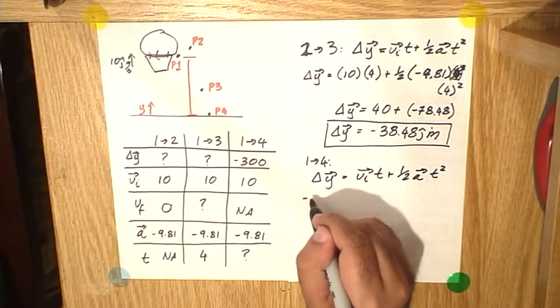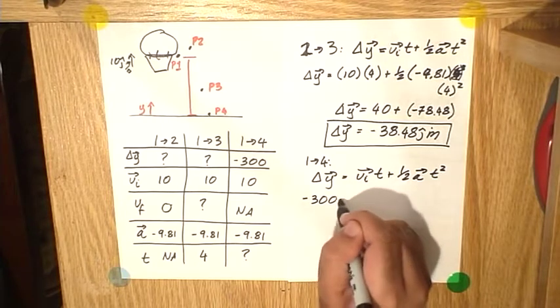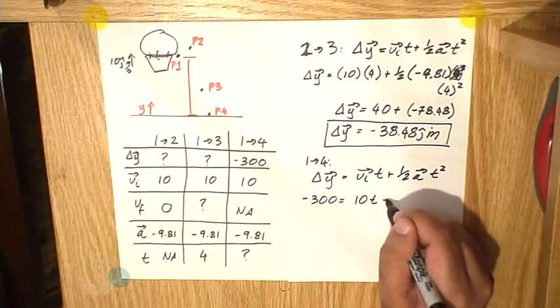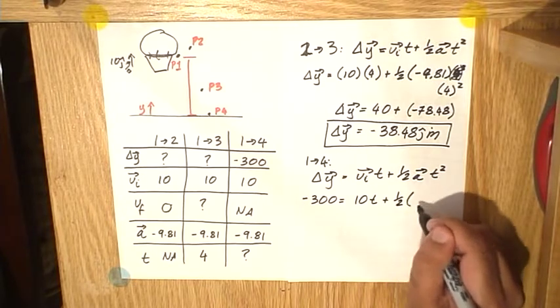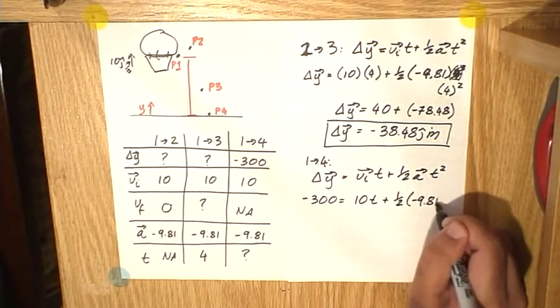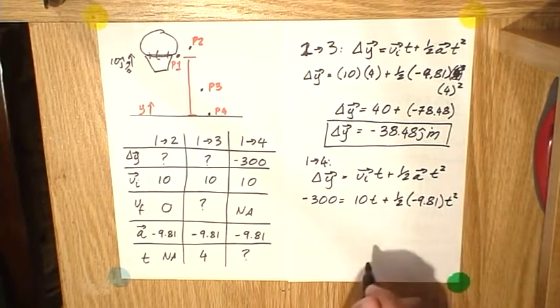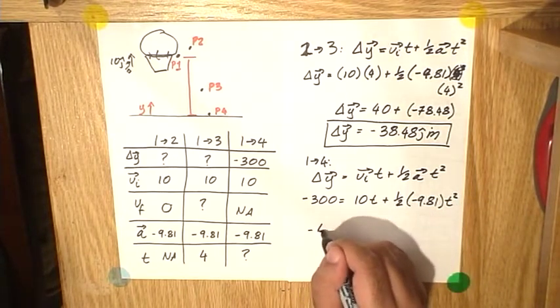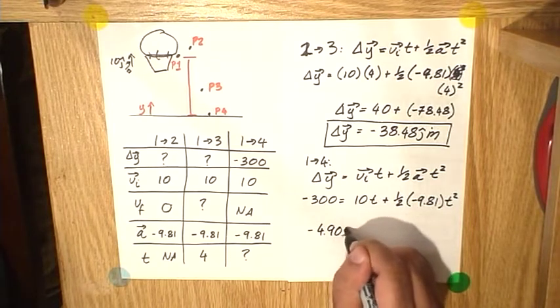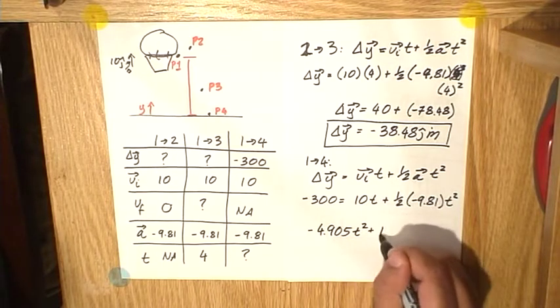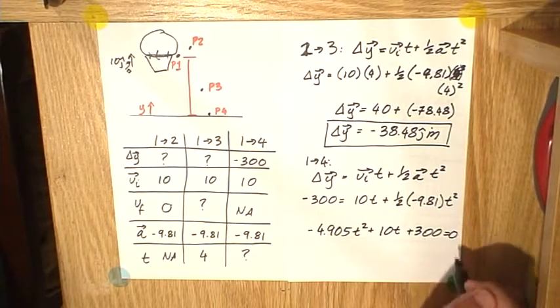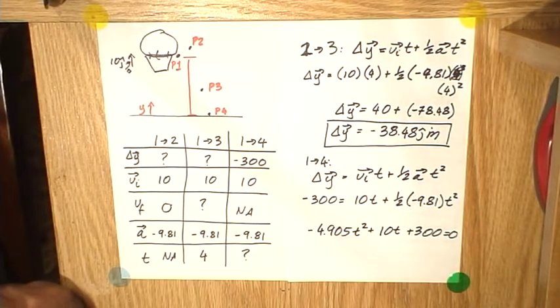Delta y is negative 300 is equal to v initial 10 times t unknown plus half acceleration negative 9.81 times t squared. So simplifying this quadratic equation, we would get negative 4.905 t squared plus 10t plus 300 is equal to 0, and we would need to find the value of t.